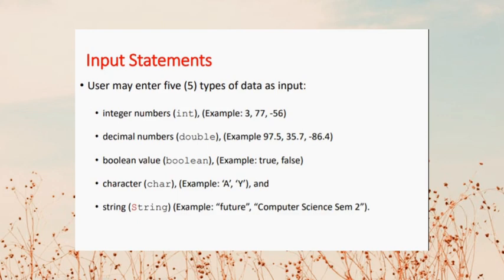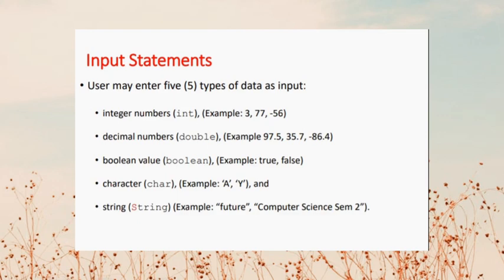Then for Boolean values, we usually use true or false. While for character, char, for example, A. And String is usually for words, for example, future and computer science.